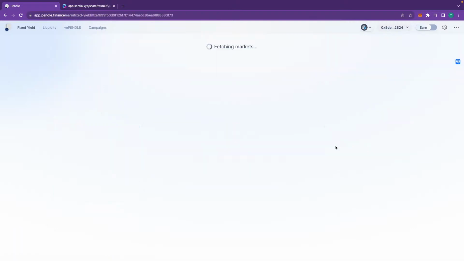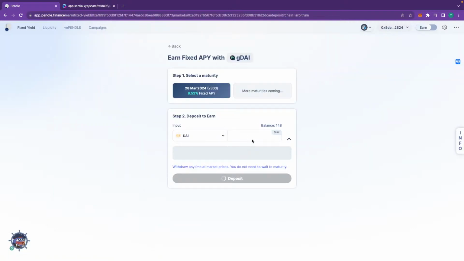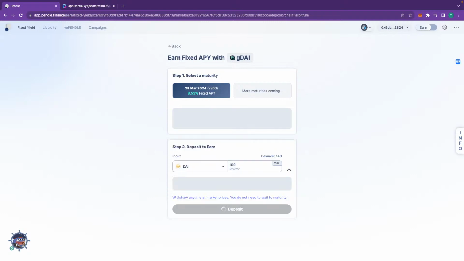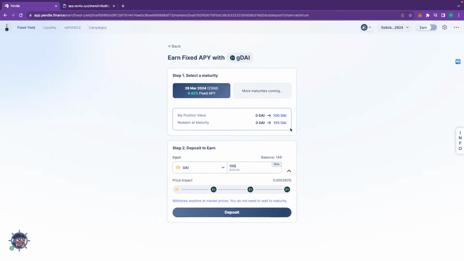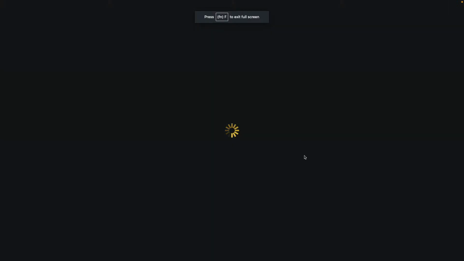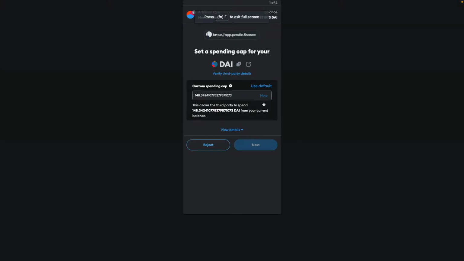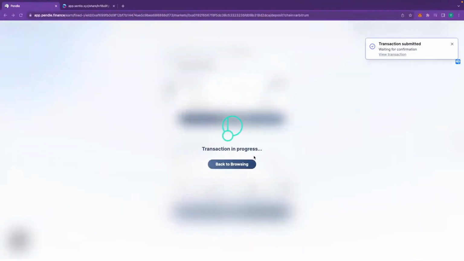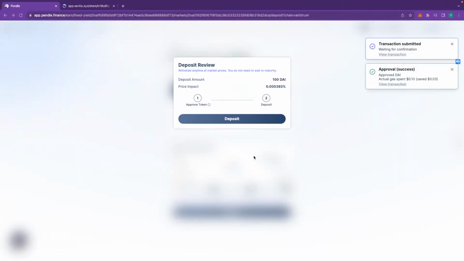And I can directly say, put in say 100 DAI, and I will get roughly 5.4 DAI of fixed yield in 250 days, which translates into 8.4% fixed APY. So yeah, I can just send a transaction and approve, and I can already get the fixed yield from the front end.